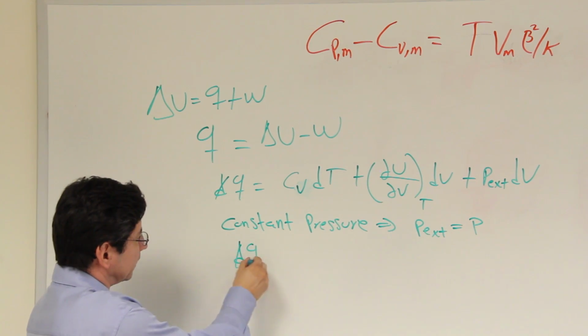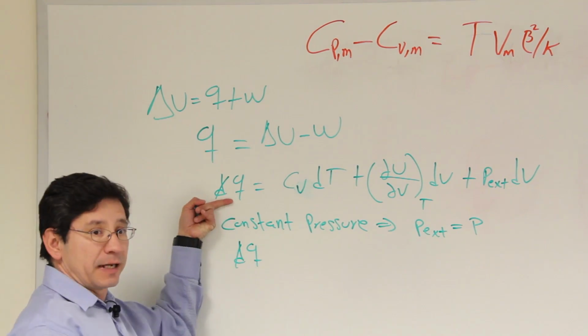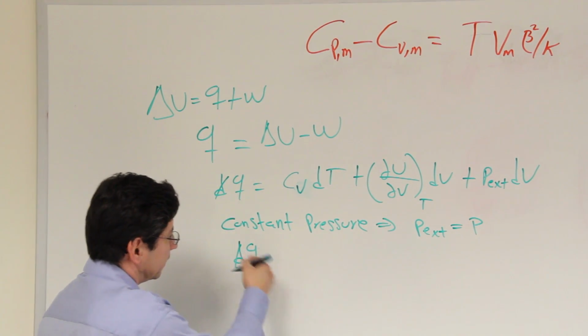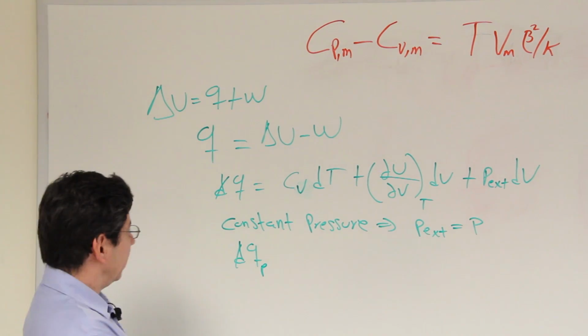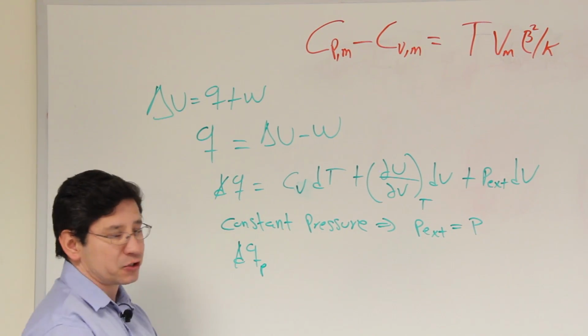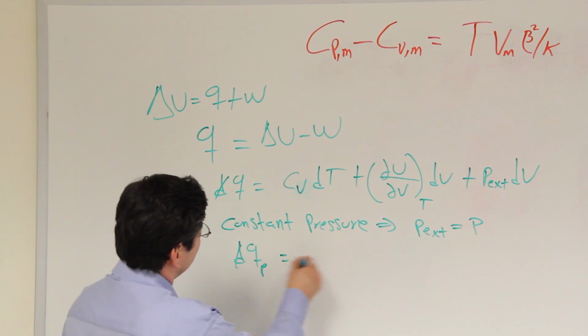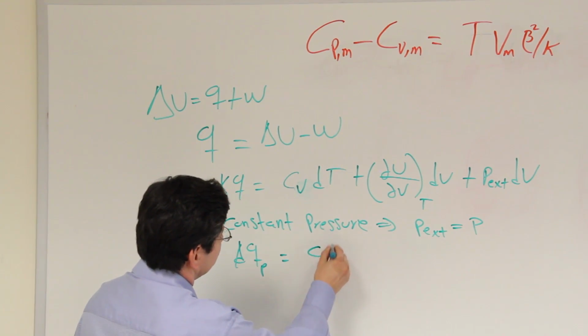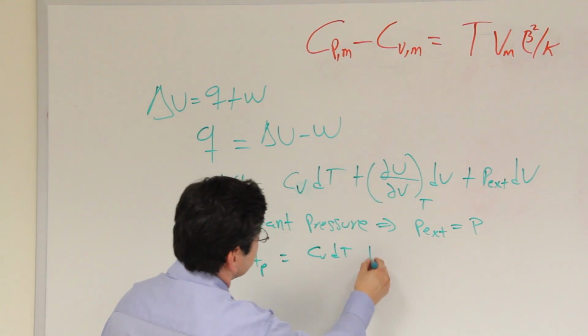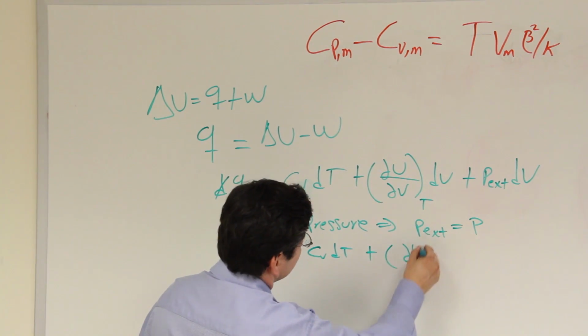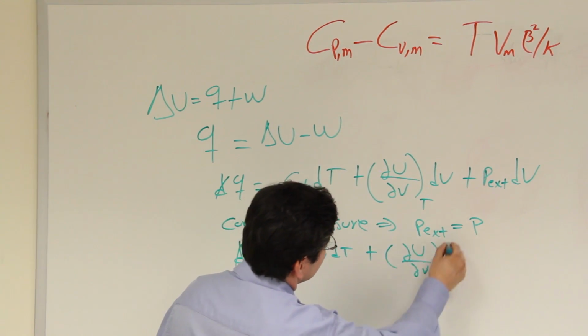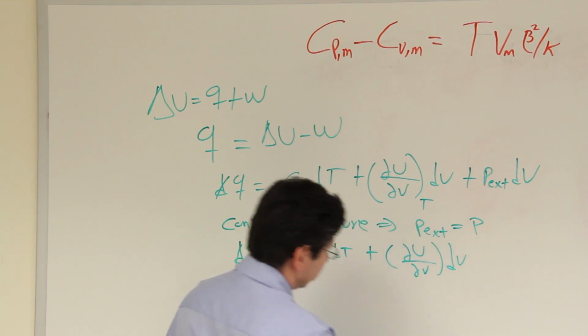We will indicate that the heat is occurring at constant pressure, so we put the subscript P: dq_P equal Cv dT plus (dU/dV) dV.